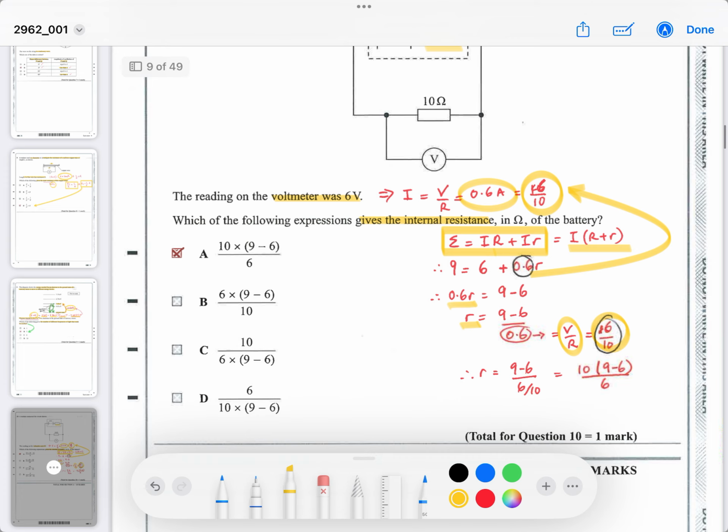It's 9 minus 6, the difference in the voltage between the EMF and the terminal potential difference, the voltmeter reading, divided by 6/10. If you divide by 6/10 as a fraction, the 10 goes to the top, 6 stays at the bottom, that's just algebra. So you get 10 times (9 minus 6) divided by 6, and the only answer that looks like that is A.